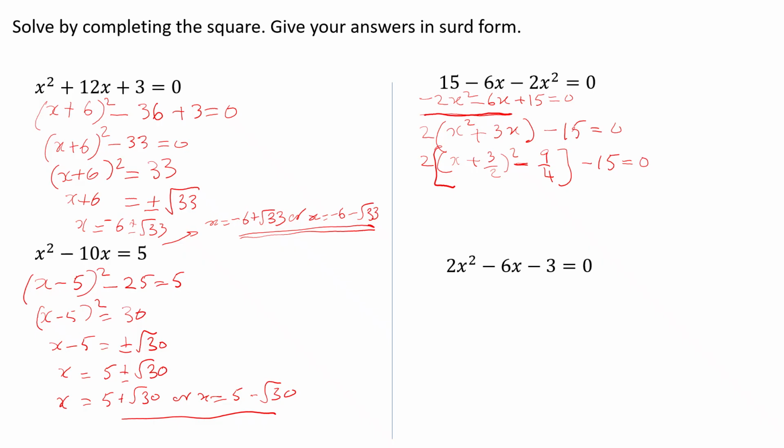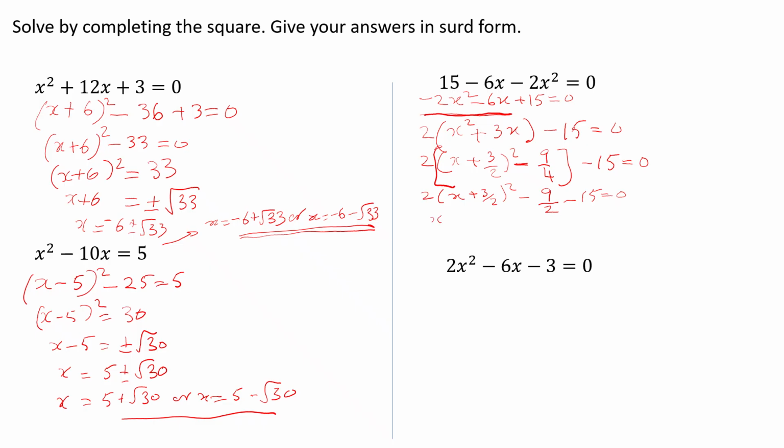Multiply by 2, so 2 times x plus 3 over 2 squared, minus 9 over 2, minus 15 equals 0.